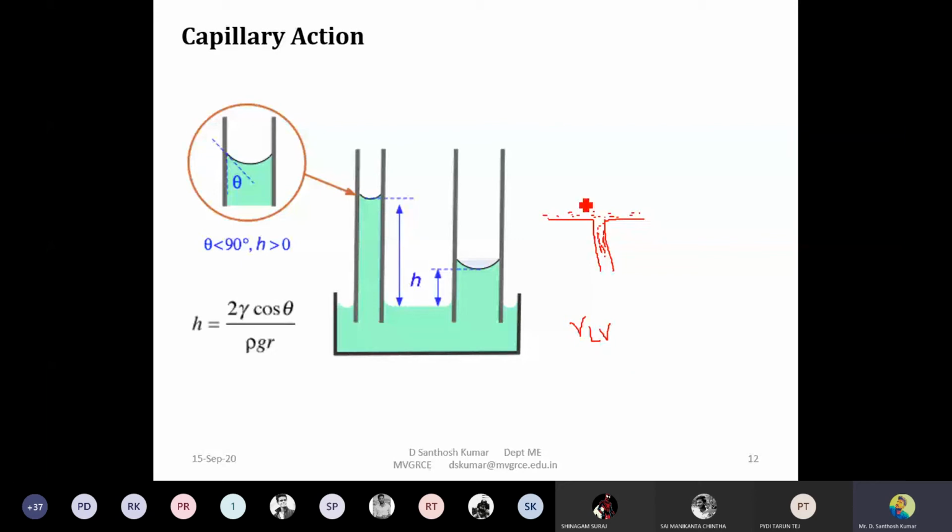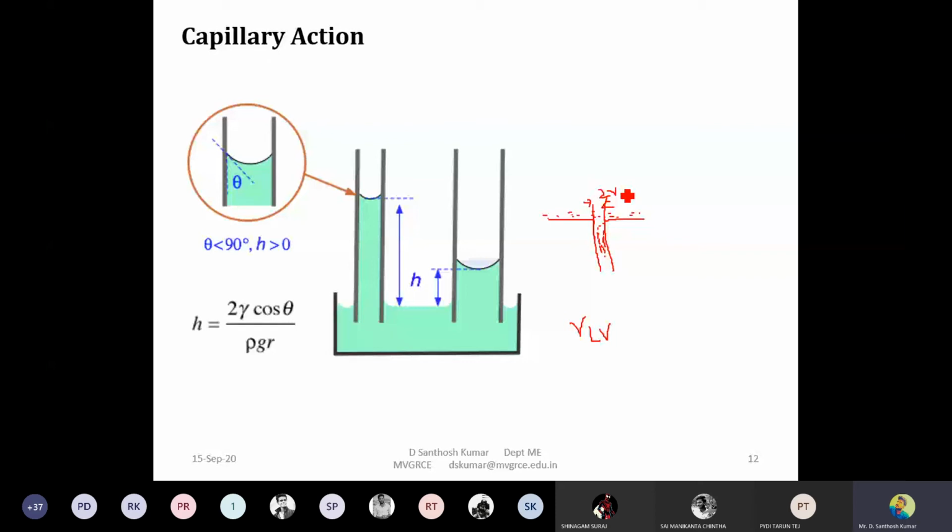If the discontinuity has diameter 2r, then the radius is r. So 2r is the diameter of that particular crack, the crack diameter.